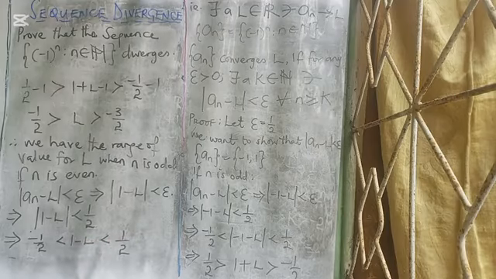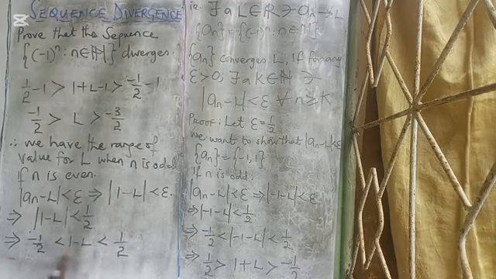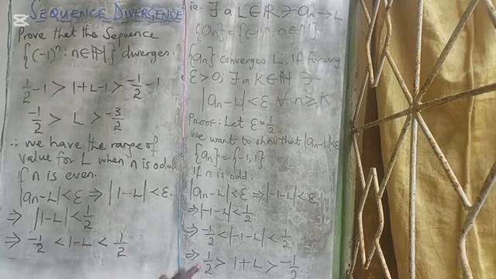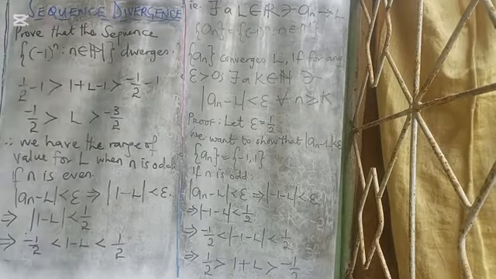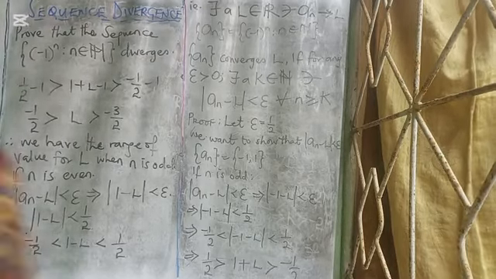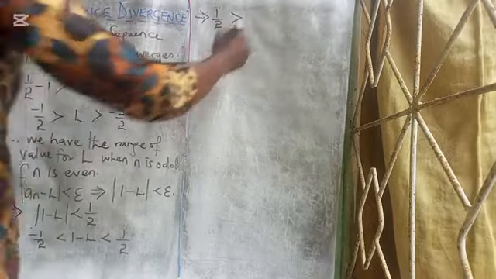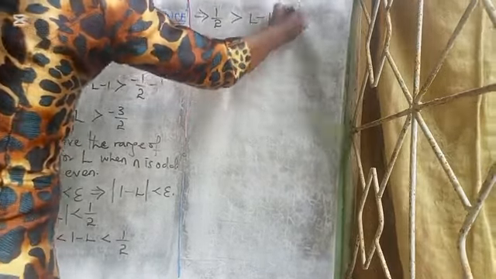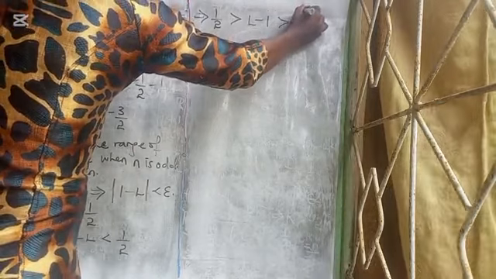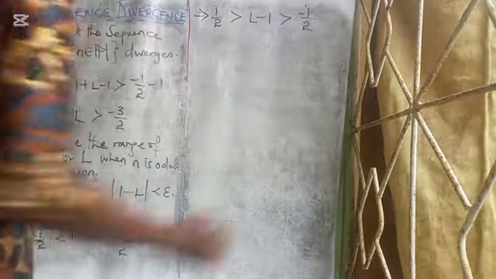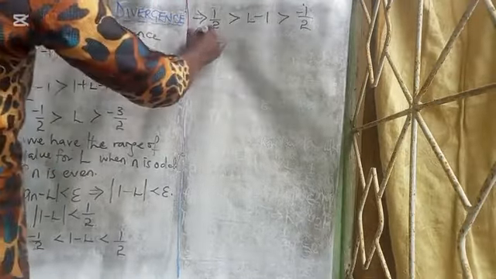1 over 2. When we multiply through by minus 1, as we did to arrive here, what do we have? We have 1 over 2 to be greater than L minus 1, and that is greater than minus 1 over 2. We add 1 all through.